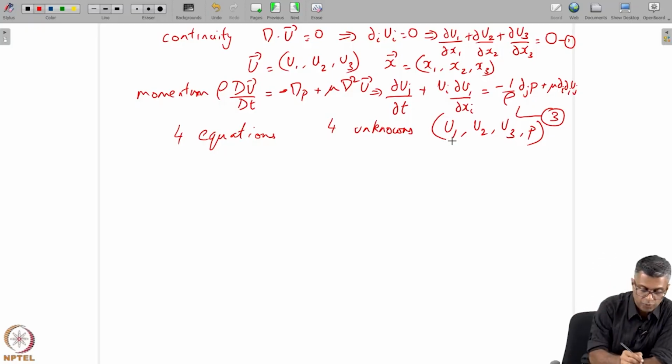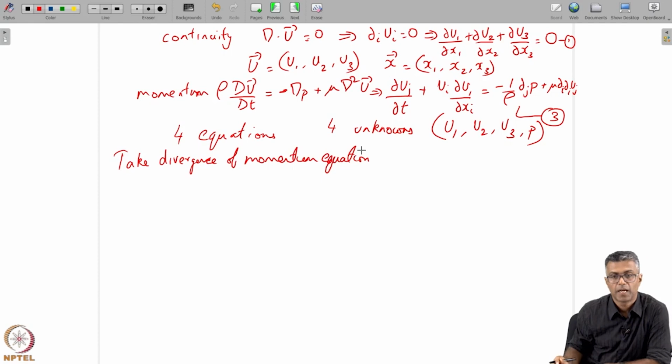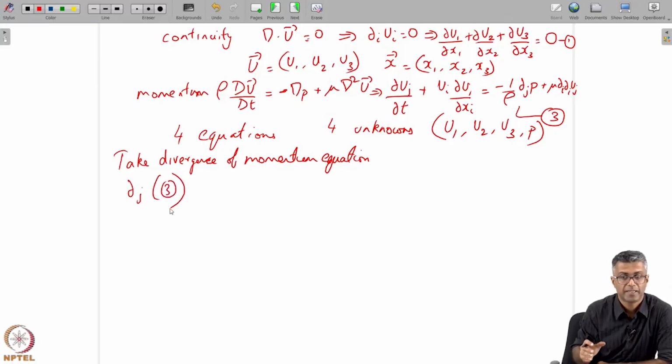So this is what I do. I take the divergence of the momentum equation. I take the del j of the 3 equations. When I say equation 3, it is because there are 3 equations.